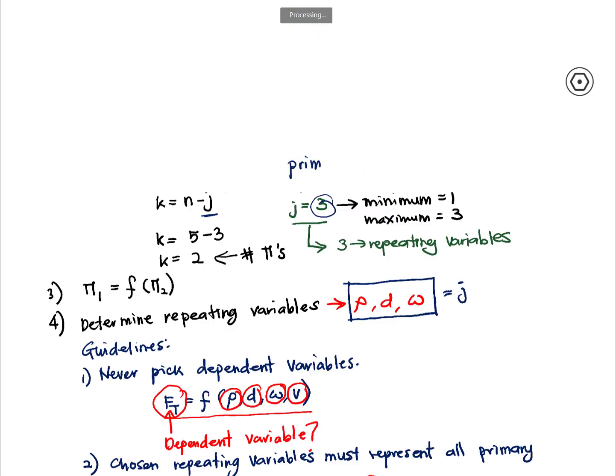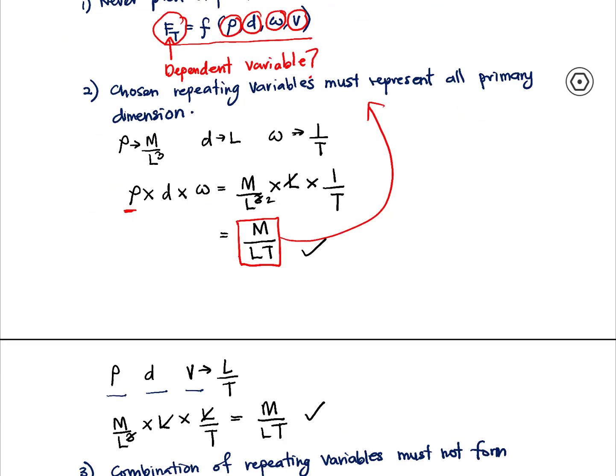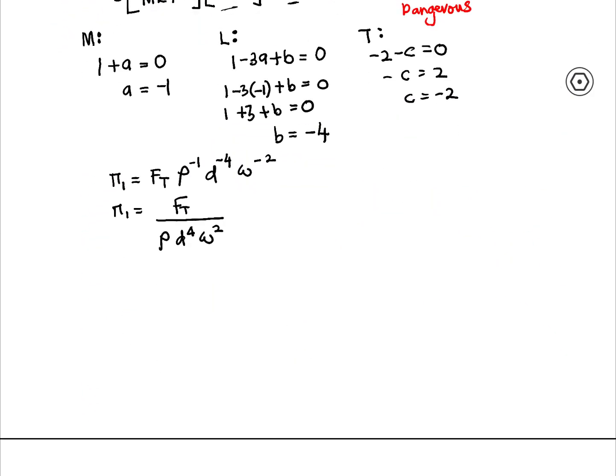So let's take a look at our question. We already solved for this section, the left hand side. And then to make sure that our steps are correct, this unit will be dimensionless. This is to check whether our steps are correct or not. So let's take a look at this.